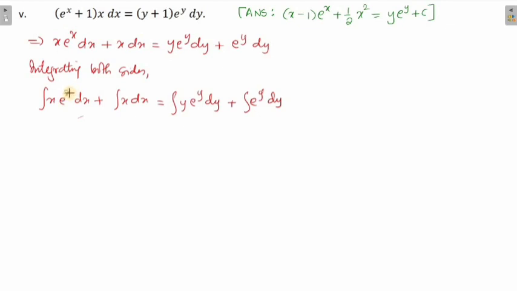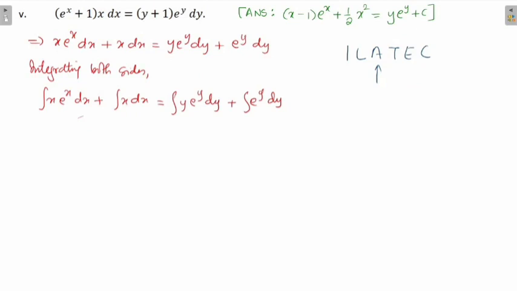This algebraic function has to be differentiated in the case of integration by parts. All of you must be remembering the rule: whichever comes first has to be differentiated. Here algebraic is coming first, so that's why it has to be differentiated.